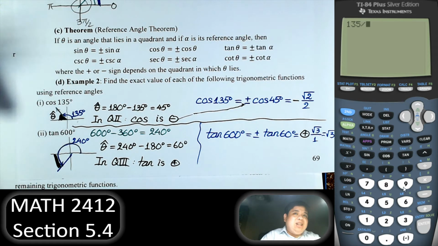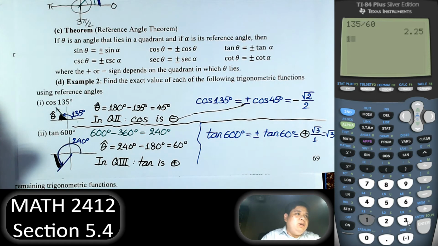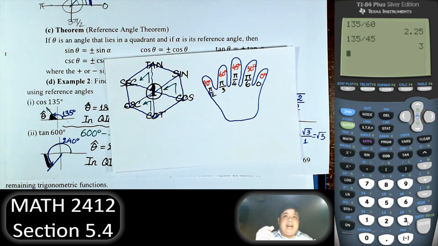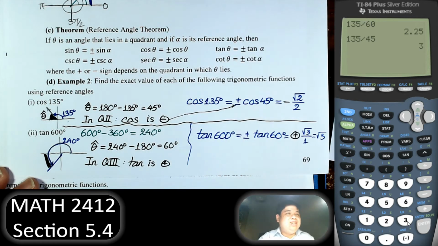Divide by 90, obviously not. 60, nope. How about 45? Yes, so the reference angle is 45 degrees. Now this works only for multiples of 60, 30, and 45, where we have nice values. If it is like 27 degrees, then I don't have the values for it.